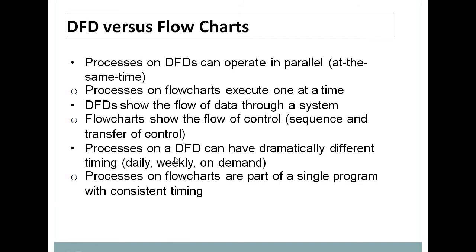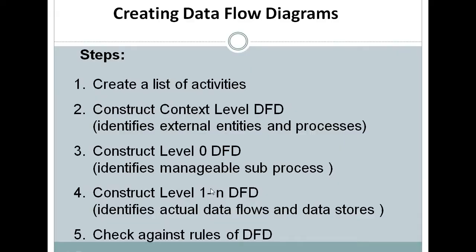Now, processes on a DFD can have dramatically different timings, maybe daily, weekly, on demand, depending upon these perspectives, whereas processes on a flowchart are part of a single program with consistent timings.